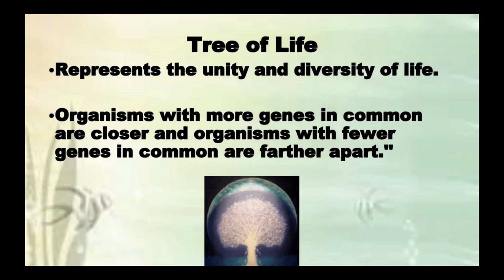The tree of life represents that unity and diversity throughout all organisms. So organisms that have more things in common are going to be closer to each other on the tree of life, as opposed to things that have few things in common, they'll be spaced far apart.